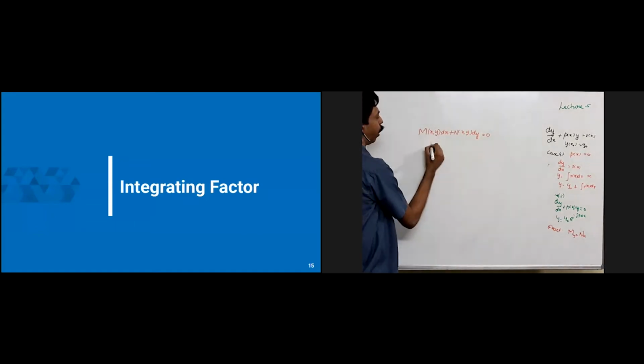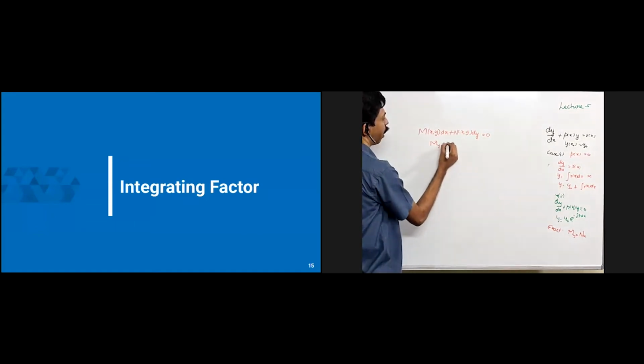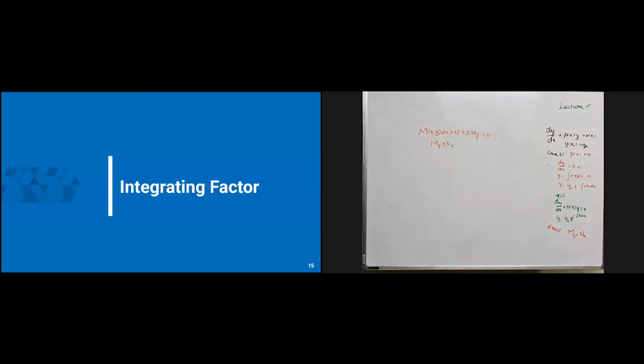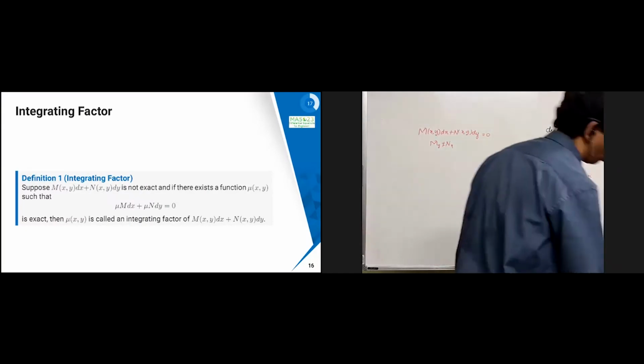That means I don't have My = Nx. If My = Nx, it becomes exact. Suppose this condition is not satisfied, then can I multiply by something in order to make it exact? Is it possible or not? That is what we are going to do.